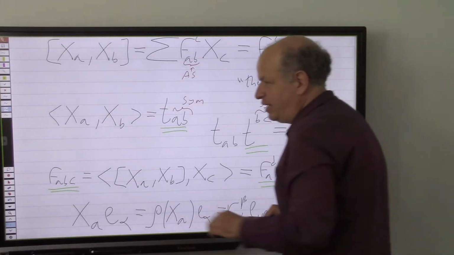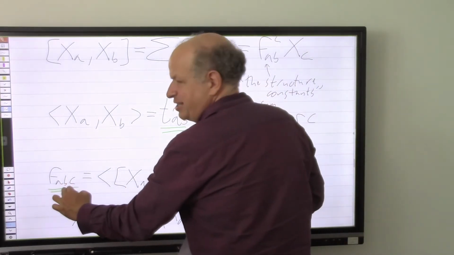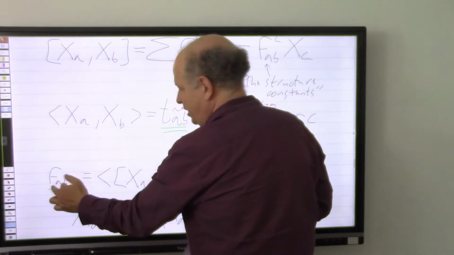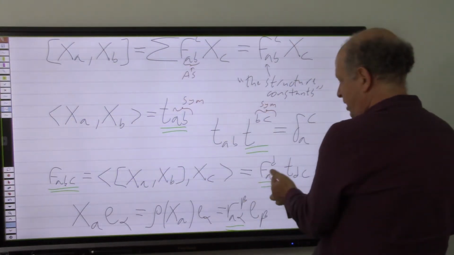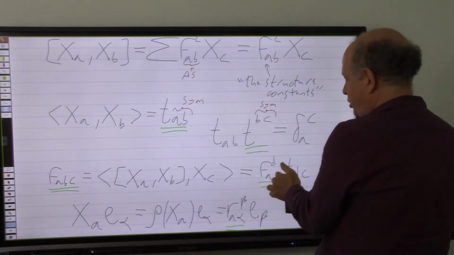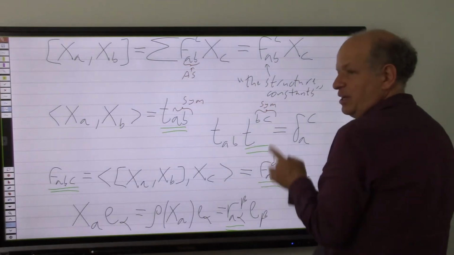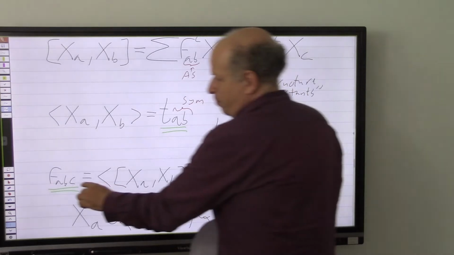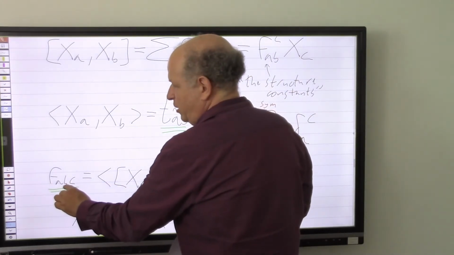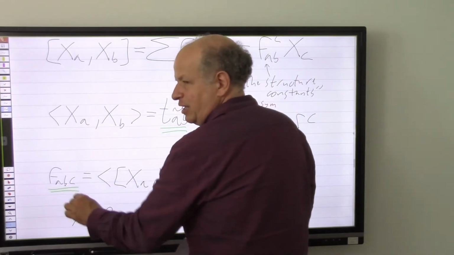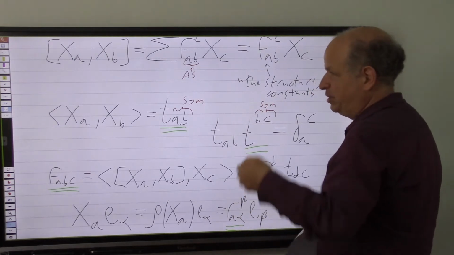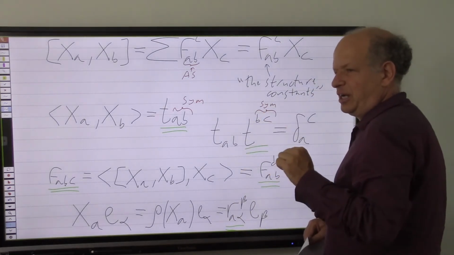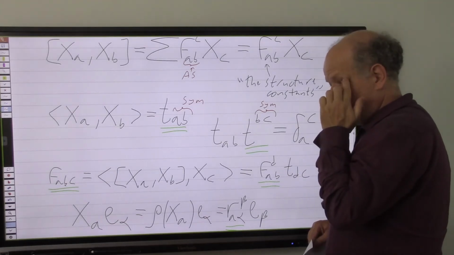And finally, the F_ABC symbol is clearly antisymmetric in swapping A and B, because of the antisymmetry of the normal F symbol. But it's also antisymmetric in flipping B and C, and I will not check it, but it is precisely the axiom that the inner product is invariant.